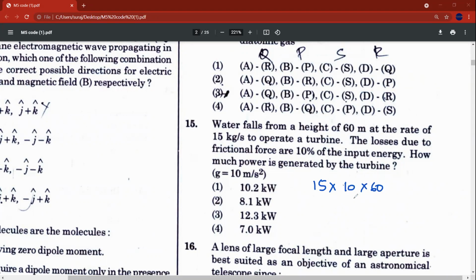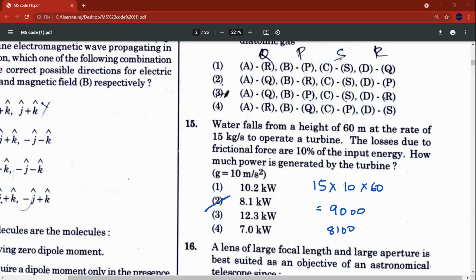This is happening in 1 second. So this becomes 9000. But 10% is loss, so 10% will be 900. So the rest will be 8100. That is 8.1 kilowatts, with time given as 1 second.